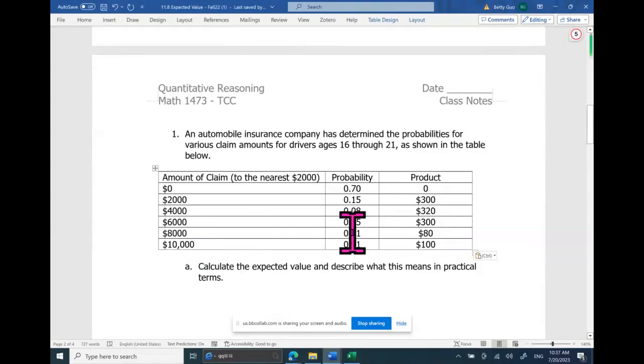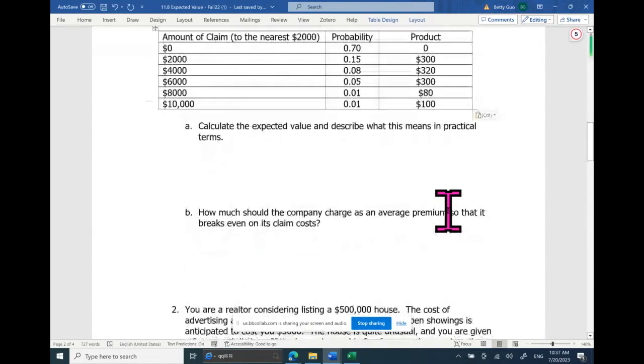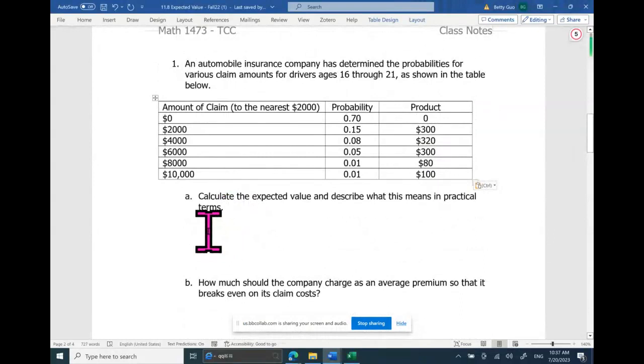If you multiply 4000 by 0.08, 8%, that would be 40 times 8, 320. This is 6,000 times 5%, so 60 times 5, $300. Even if you manually multiply, those numbers are pretty convenient. And 1% of 8,000 is 80. 1% of 10,000 is 100. So that's how we get the last column.